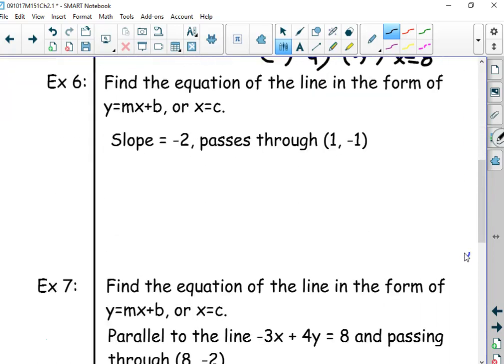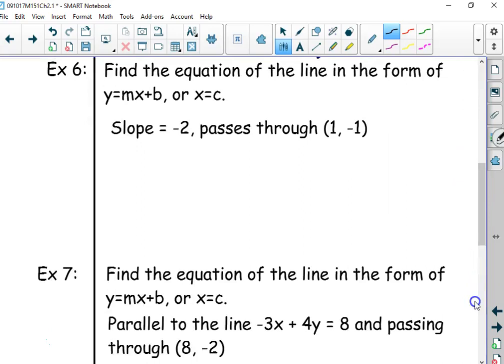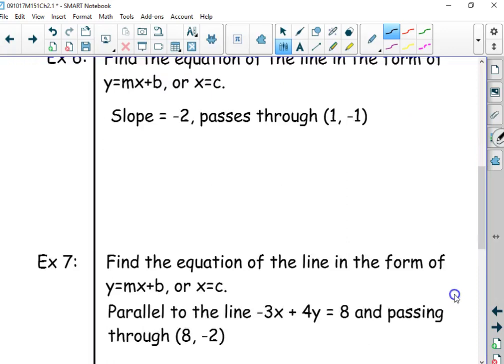Find the equation of the line in the form of y equals mx plus b or x equals c. So x equals c is going to be where your slope is undefined. And our slope here is -2, so that's not going to happen with this problem. Best way to start this is y minus y1 equals m times x minus x1.